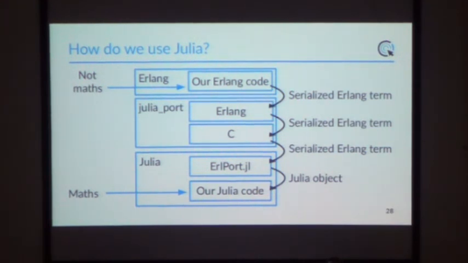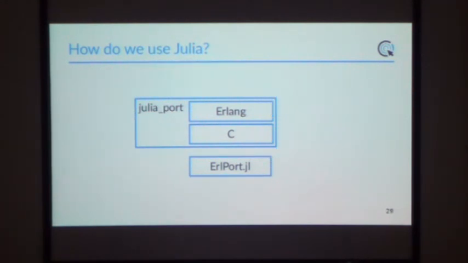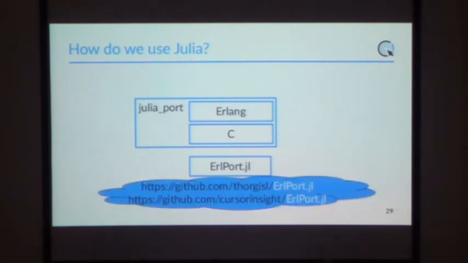Two components of this architecture are general and have nothing to do with our business, so they can be open sourced. The first one is lport, and actually this is the library that I was talking about, that we found on GitHub, and it was using Julia 0.3.